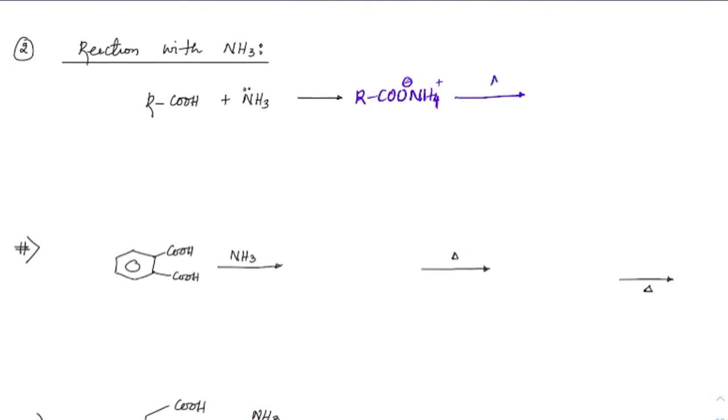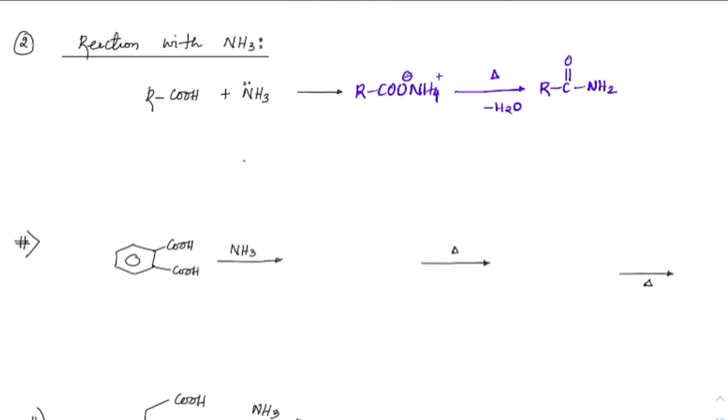But if you heat it further, it will give away H2O and form RC double bond O NH2. You can see H from here and OH from here will come out as water, and it will form amides. So if you have RCOOH plus NH3 and heat is specified, you will always end up with the product as amide. Right, so this will be the overall reaction.